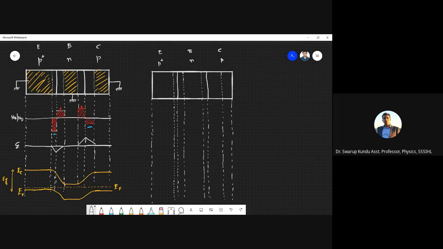So if you try to do the biasing, let's show the biasing here. Basically, wipe off these names. You already remember, right? Just keep only P plus, N and P. First, this emitter and base junction is forward biased, right?